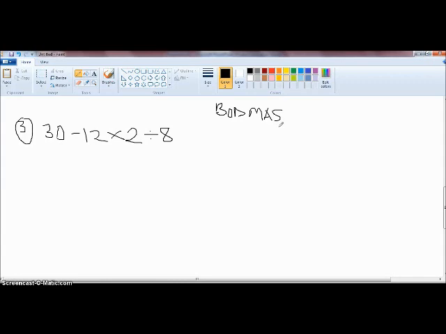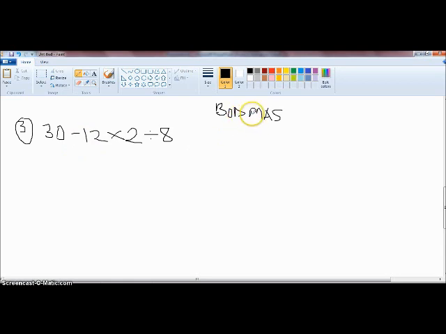So you work on them in the way they've been stated. So with multiplication and division, they have the same status, so always work with them in the sequence they've been given. But the thing here, when we look at BODMAS, it says brackets, of, division and multiplication. So we cannot start with subtraction, we need to start with division and multiplication.